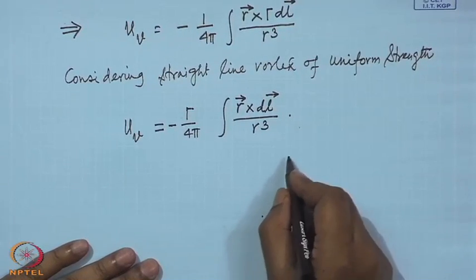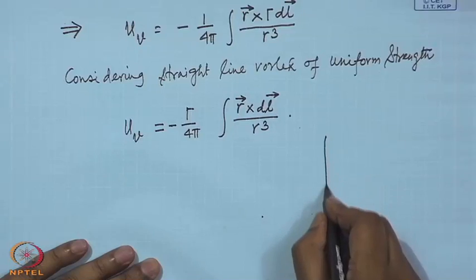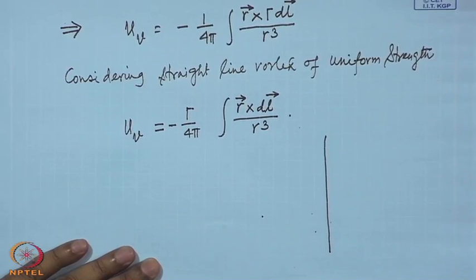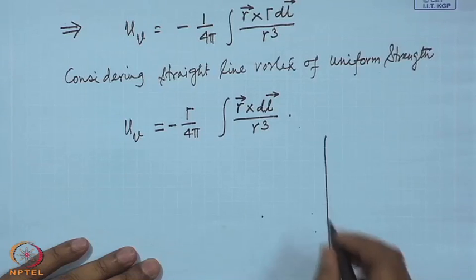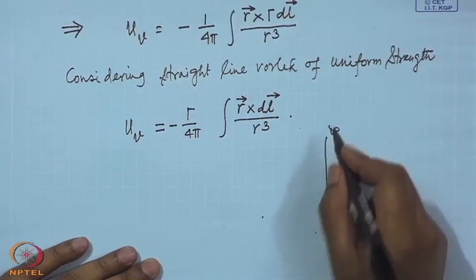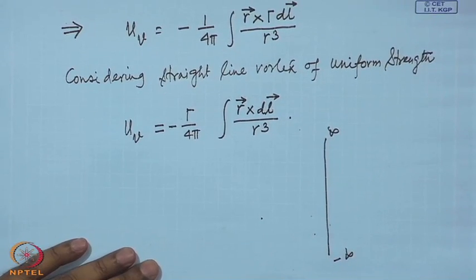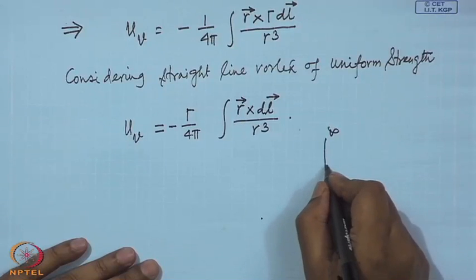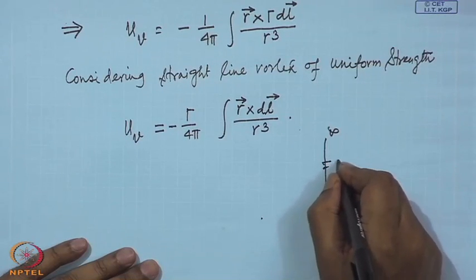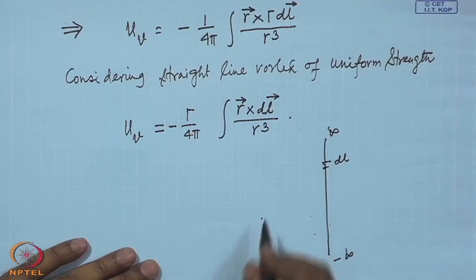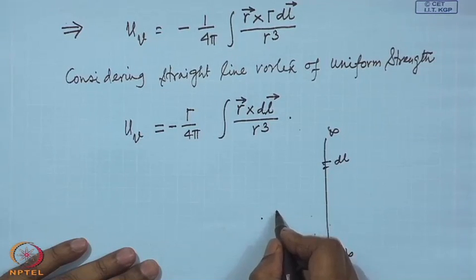Now, to carry out, let us consider this line, say from minus infinity to plus infinity. Consider this small line segment here somewhere, d l, and let us say the point is here.